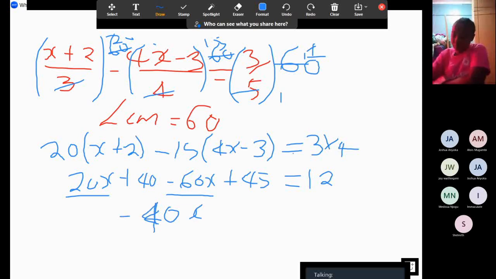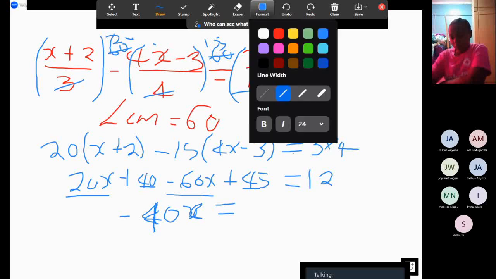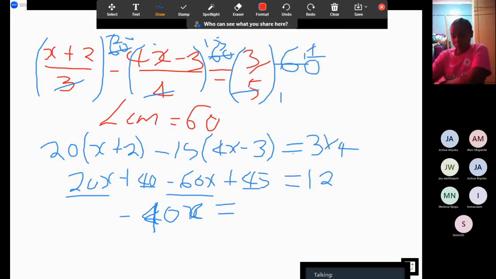That's when the negative number is greater than the positive, always the result is negative. So negative 60 and positive 20, negative 40. It is equals to 12, we take 40 plus 45.